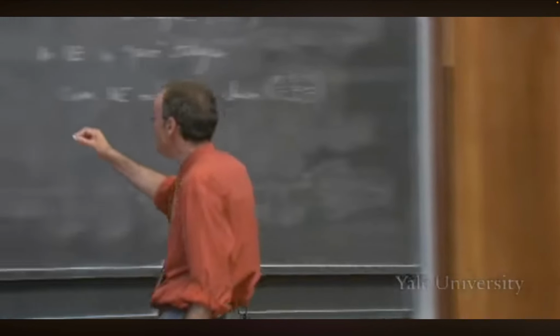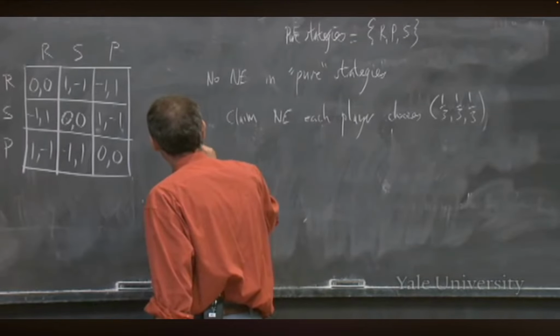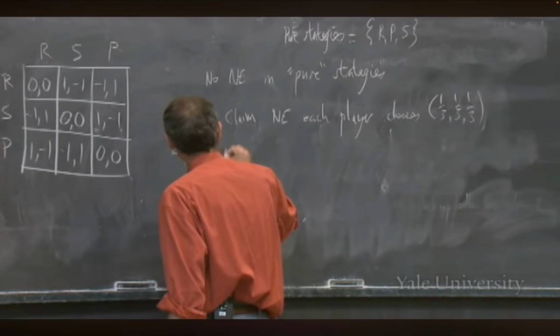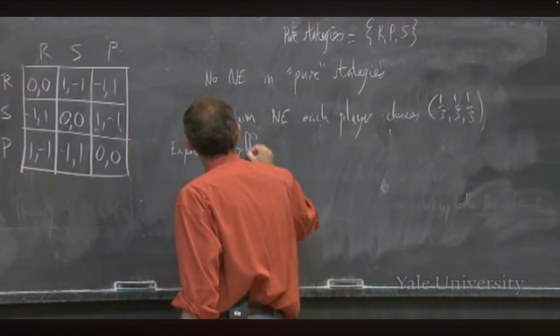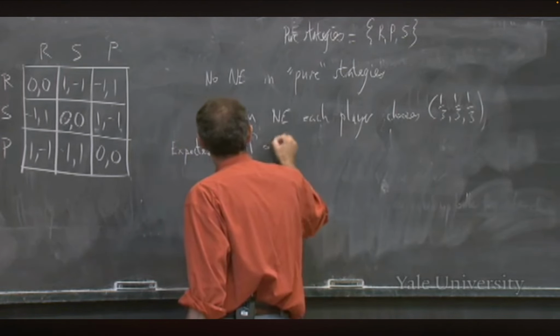Let's figure out what, in fact, is the payoff to each of the pure strategies against this. I'm going to show you that this will, in fact, be a Nash equilibrium by showing you payoffs. So what's the expected payoff of rock against a third?